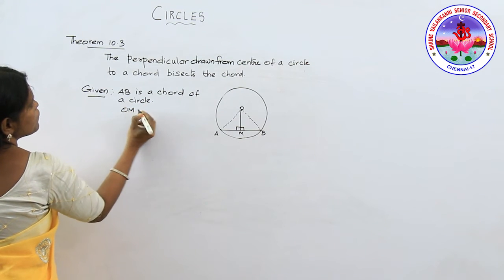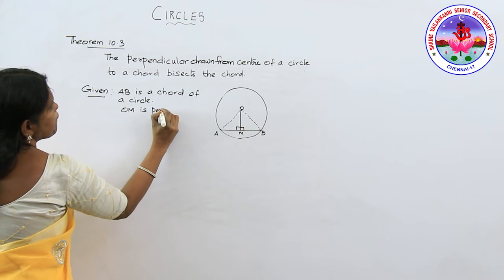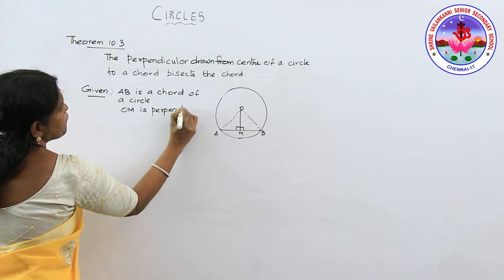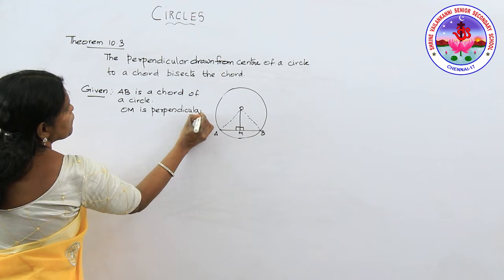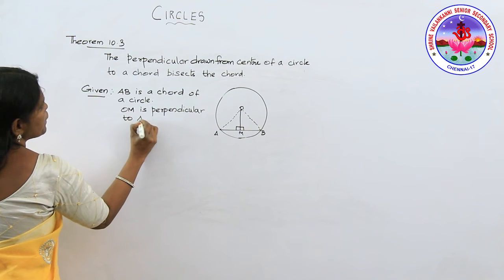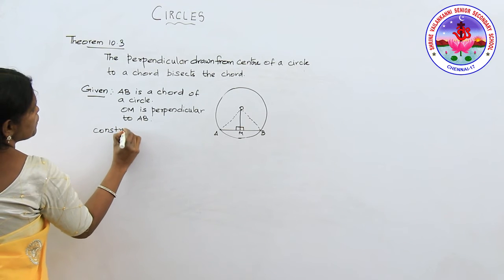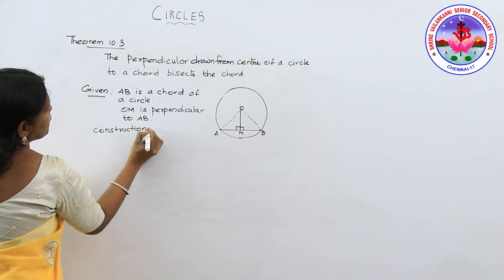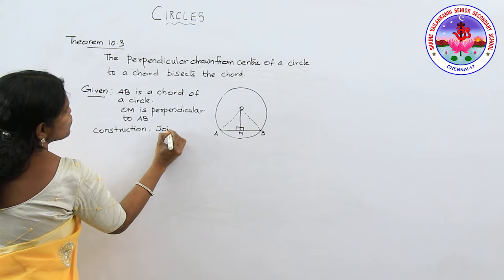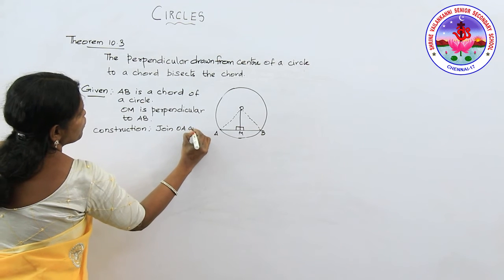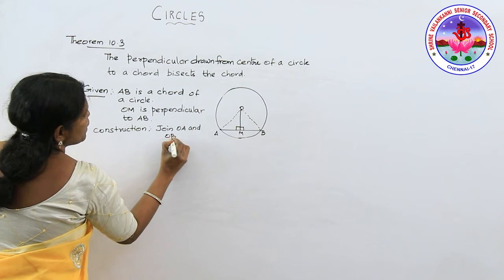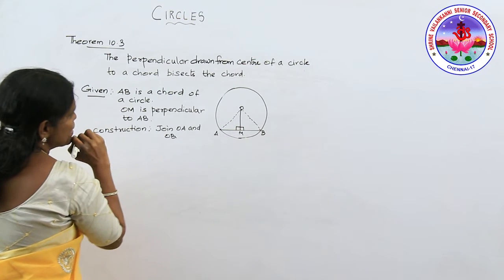OM is perpendicular to AB. In construction, I am joining OA and OB, where OA and OB are the radii of the given circle.